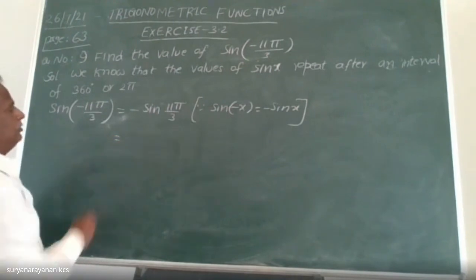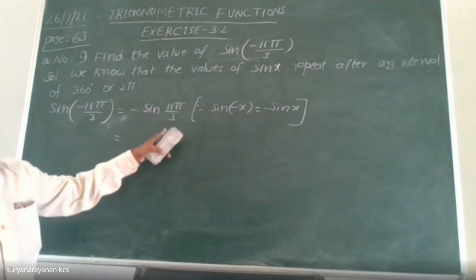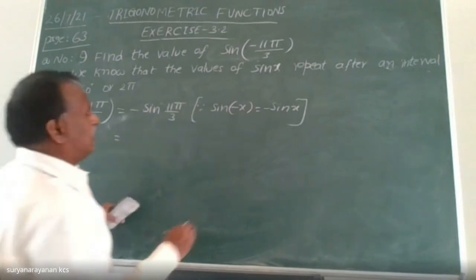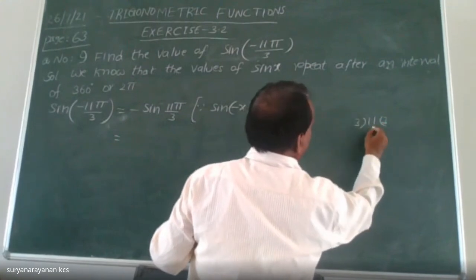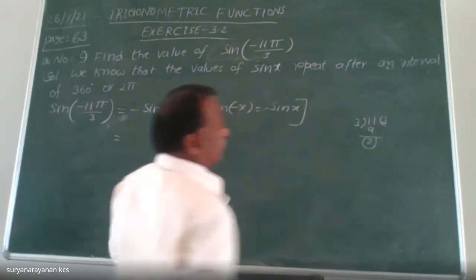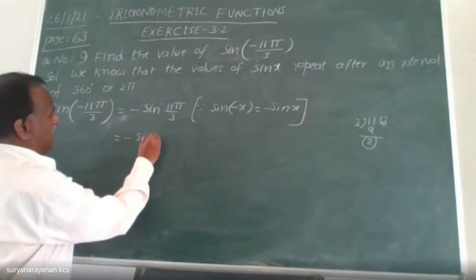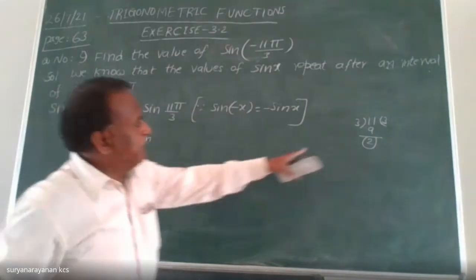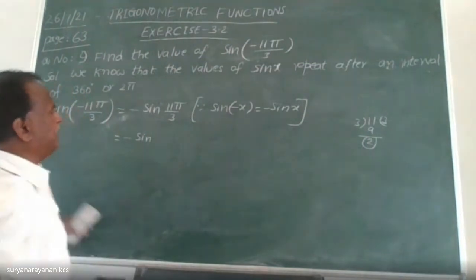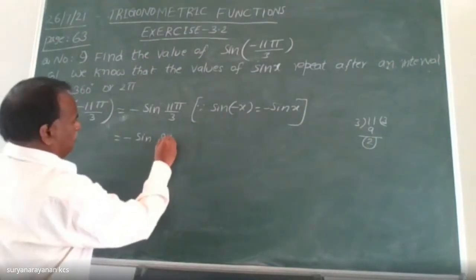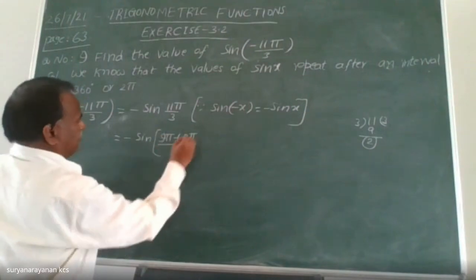Now we have to split this number 11 pi using multiples of 3. Divide 11 by 3, three times, you get 2 as remainder. Now let us divide 11 pi as 9 pi plus 2 pi by 3.